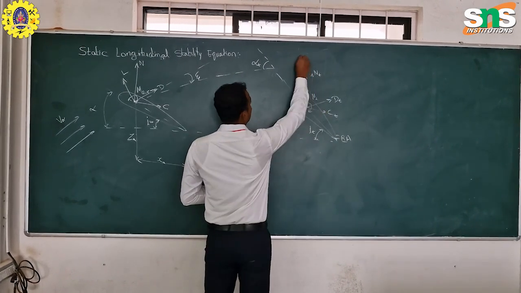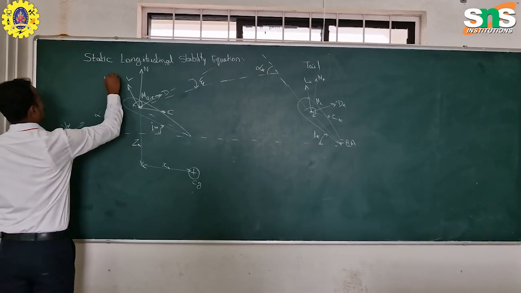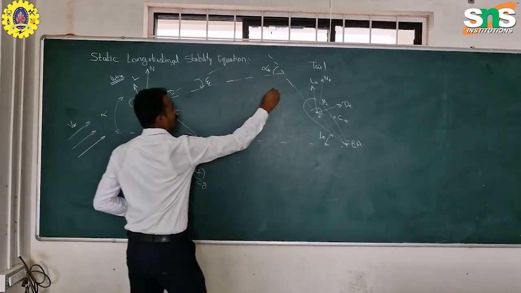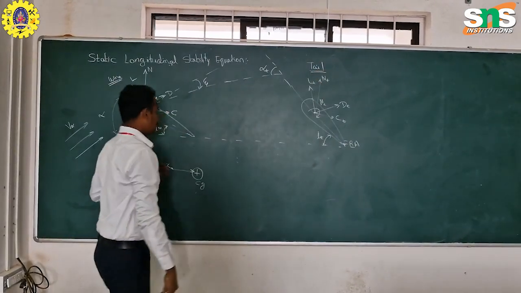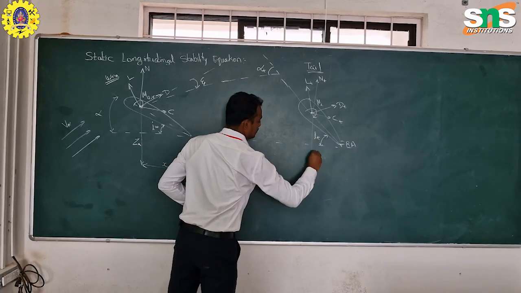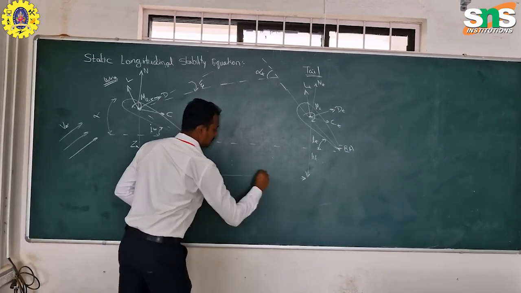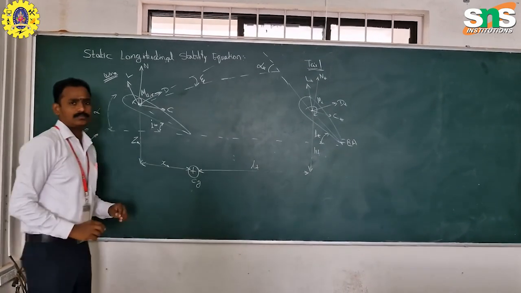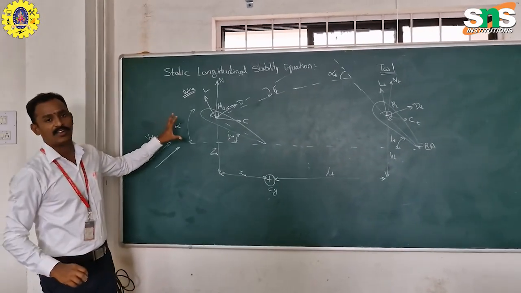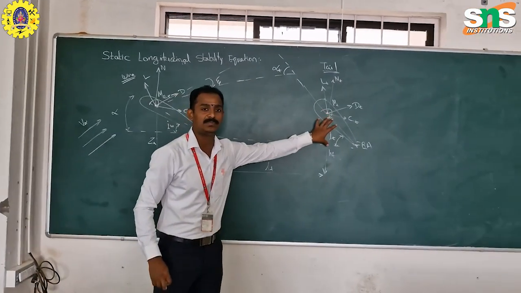This is the tail of the aircraft and this is the wing of the aircraft. The distance from the CG has height h_t and horizontal distance l_t.